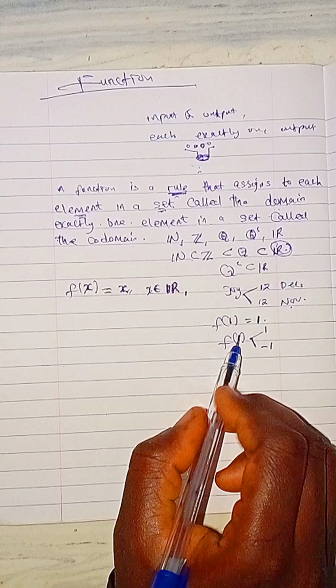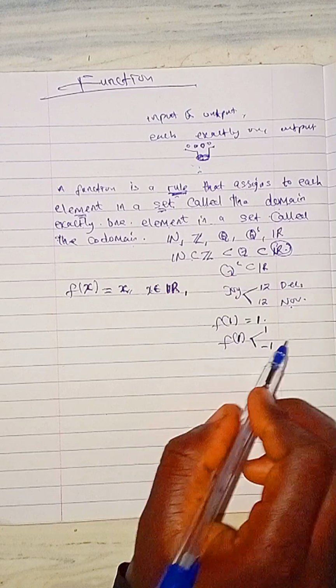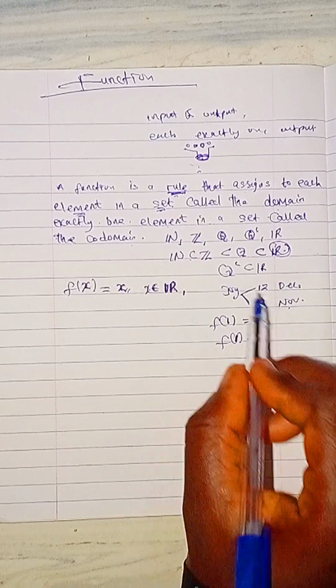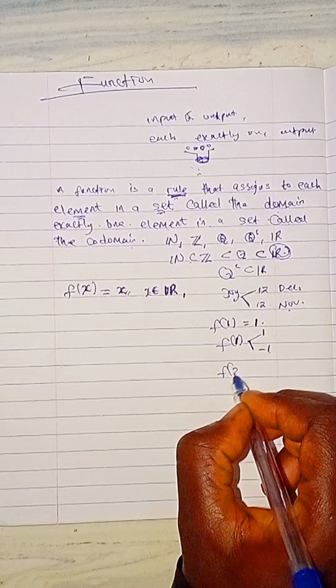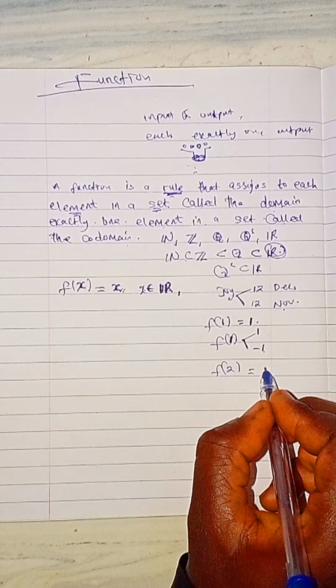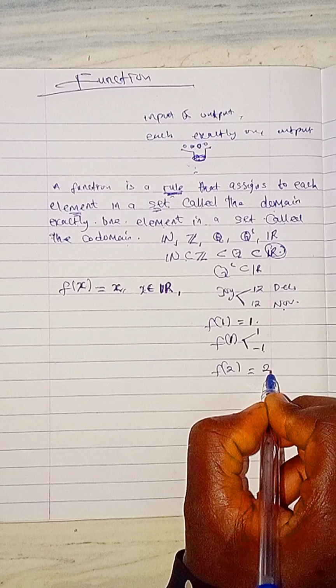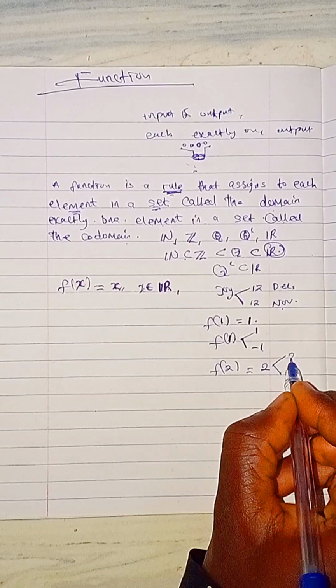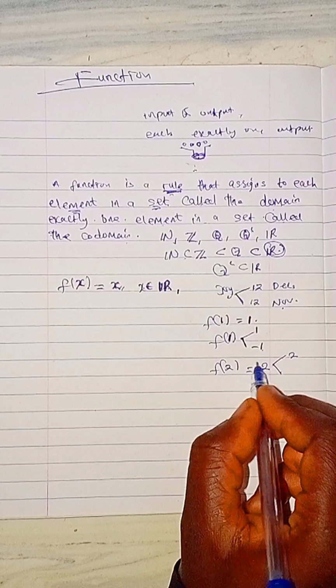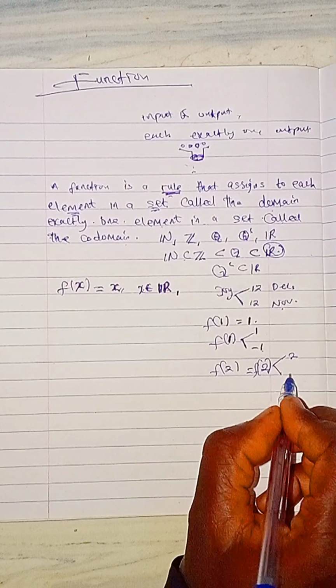There's no way you put in one element and two elements come out. This is the typical example: exactly one element gives exactly one output. There's no way one element will bring two outputs, like f of 2 bringing 2 and also minus 2.